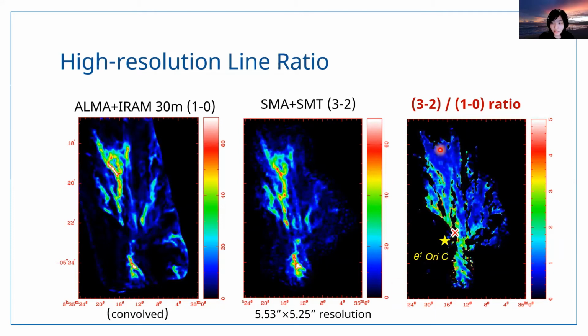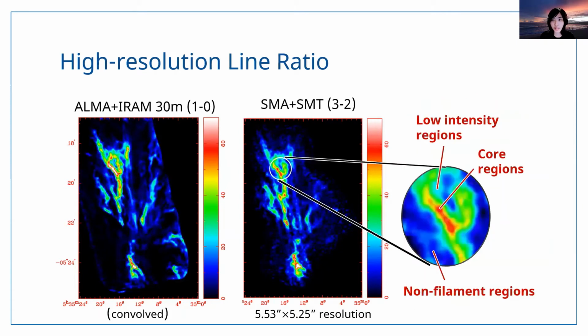On the right, we generate the 3-2 to 1-0 ratio map, where we can clearly see enhanced line ratios in the eastern part of OMC1. This probably indicates that the radiation source is from the high mass stars in M42, which is the Trapezium that is located just slightly southeast of the Orion KL.